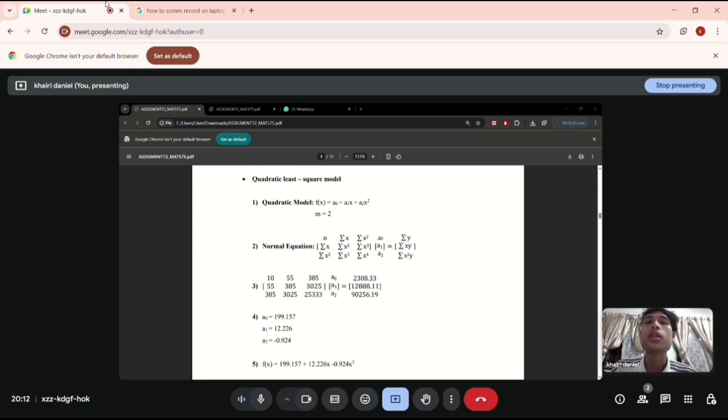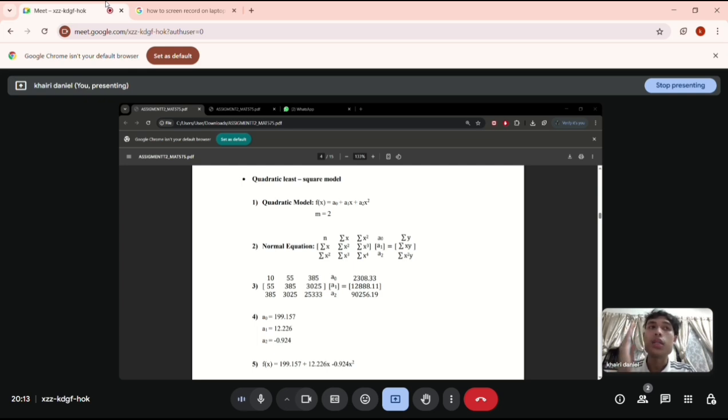The matrix equation for this quadratic model is as shown in the presentation. We will use the calculator by inserting our values of x and y from the data that we obtained, and then we will get the values of a0, a1, and a2.